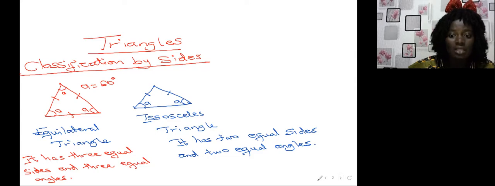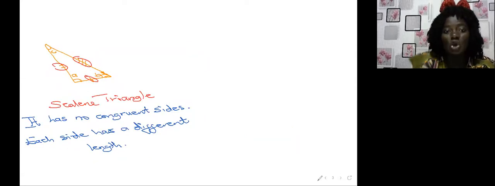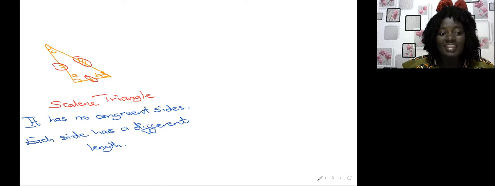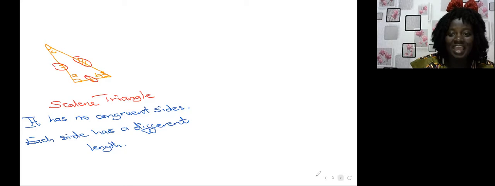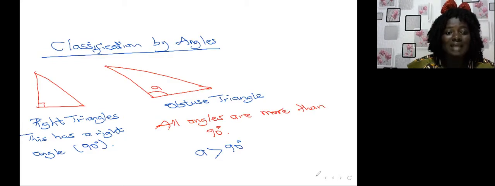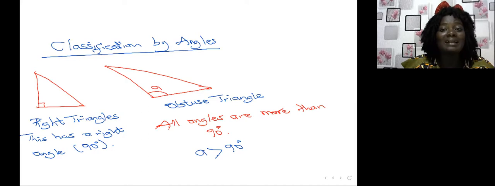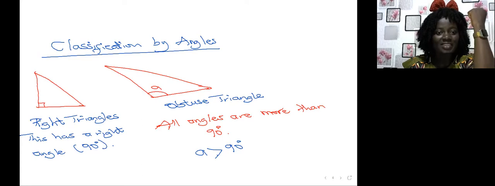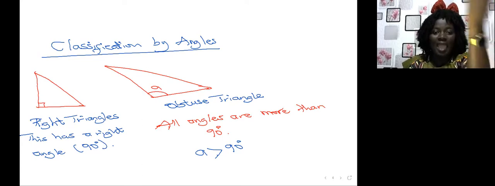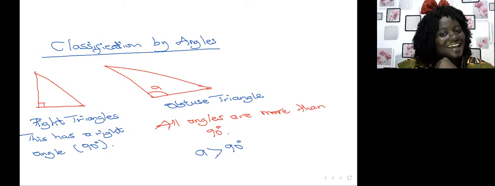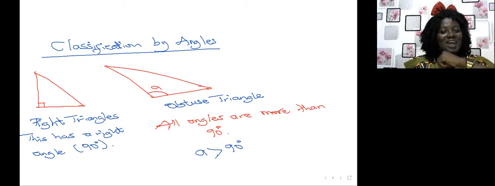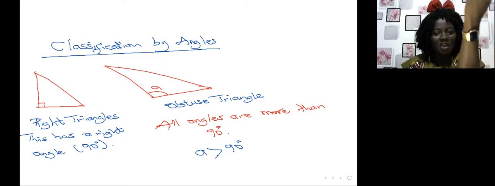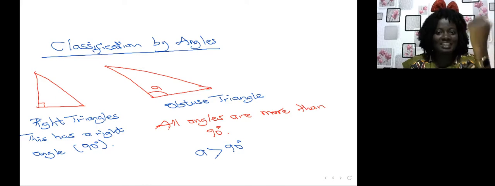The scalene triangle has no congruent sides, and each side has a different length. Then we quickly looked at classification by angles: the right triangle, the obtuse triangle, and the last one is what? Great, the acute triangle, which is less than 90 degrees. Right is 90 degrees, obtuse is more than 90 degrees.